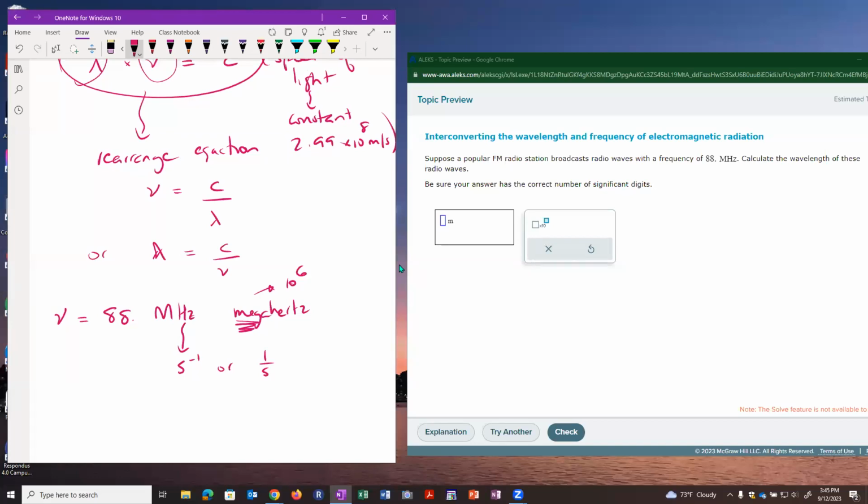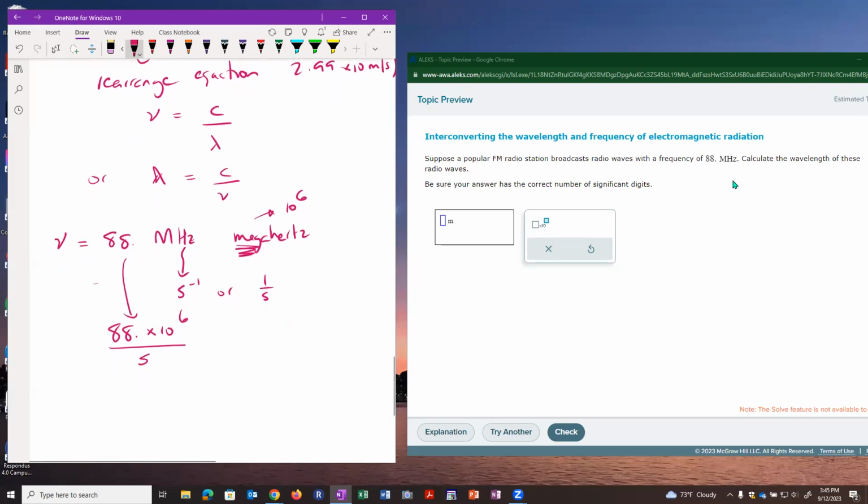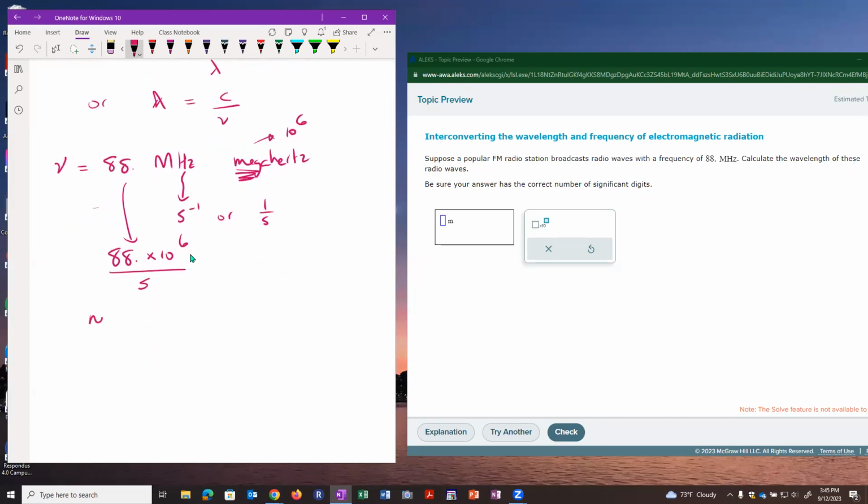So what we're saying then is that this is 88 times, I know it's not expressed in proper scientific notation, but this is what it would be. 10 to the 6, that's mega, and then hertz would be over second. That's expressed in a way that would be useful. That's what it actually means. We need to calculate the wavelength of these radio waves. So we need lambda in this case.